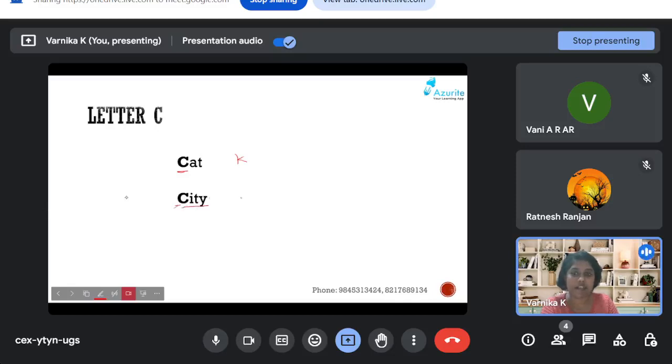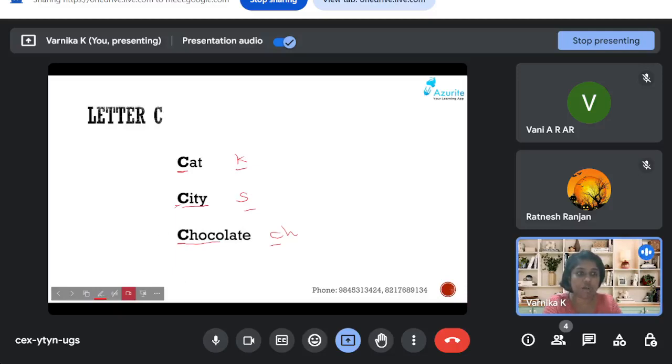The letter C is pronounced with the s sound. And then you have this word which is read as chocolate. Here you are reading with the ch sound. Same letter C, but it has three different sounds. K sound, s sound, and ch sound.